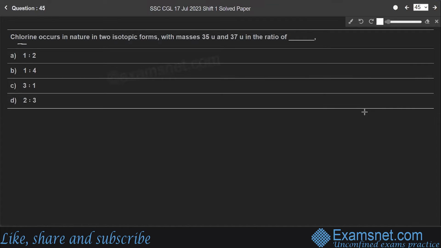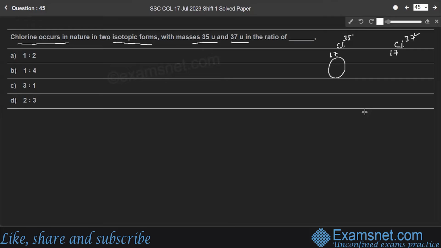Question 45. Chlorine occurs in nature in two isotopic forms with masses 35 nu and 37 nu in the ratio of dash. Here students, isotopes are the atoms which have the same number of protons but different neutrons, right? So let us consider two chlorine isotopes. Cl with mass 35 and atomic number 17, and another chlorine of the same atomic number and mass 37.